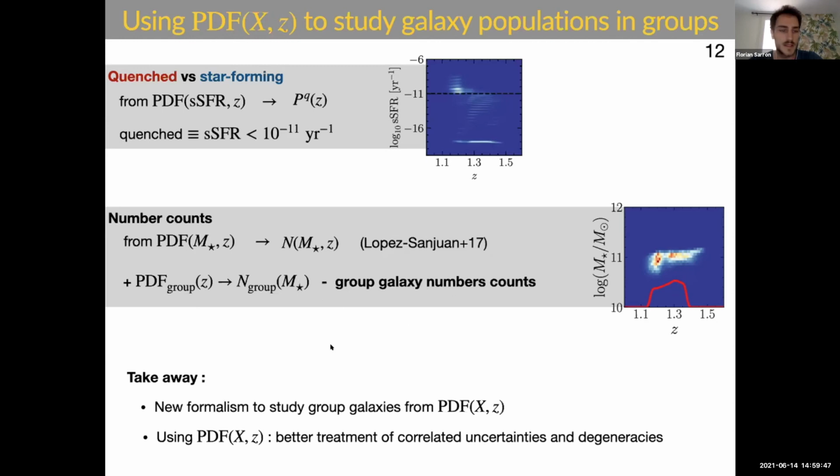So that's pretty nice. And so just the takeaway from this is that we built a new formalism that you will be able to find in the paper that uses these probability distribution functions. And this is good because it allows a better treatment of correlated uncertainties and degeneracies when classifying galaxies.